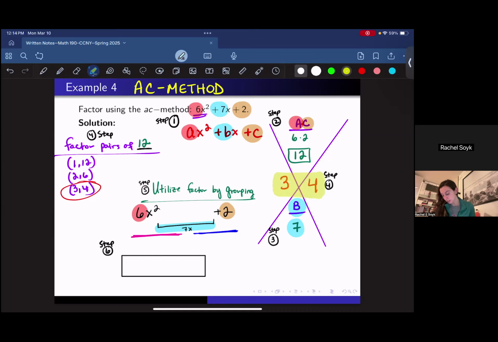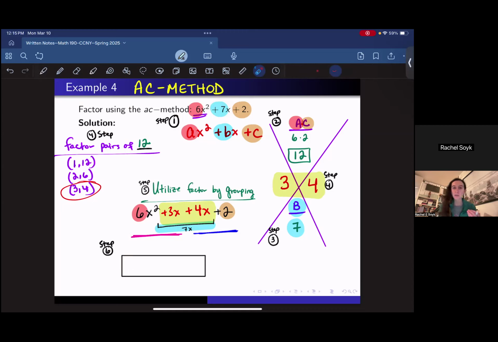Once you get to this step, that's where you are going to manipulate this blue value in the problem and break it up into what we highlighted in yellow. We can break that up into 3x plus 4x, because 3x plus 4x gives us 7x, right? We're manipulating it. And that's our step 5. That's how we utilize this factor by grouping.